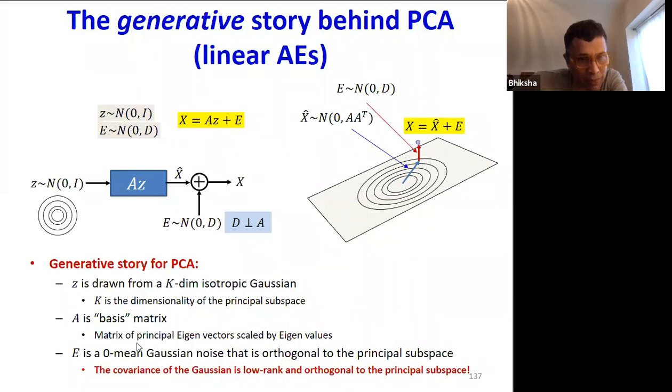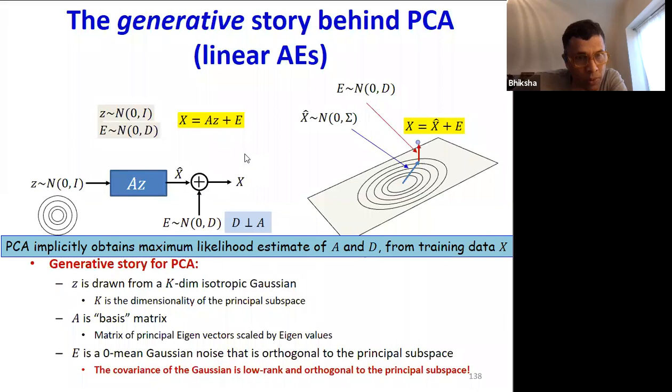And the noise itself is assumed to be zero mean Gaussian. And the step over here is also assumed to be a zero mean Gaussian. So the overall distribution is going to be Gaussian. And when we perform PCA, what PCA is actually doing is computing a maximum likelihood estimate of the variance of this off-plane step and the maximum likelihood estimate of the bases for this plane itself from the training data.